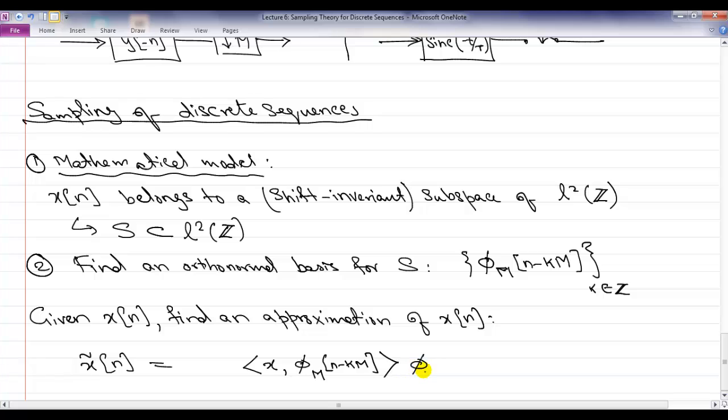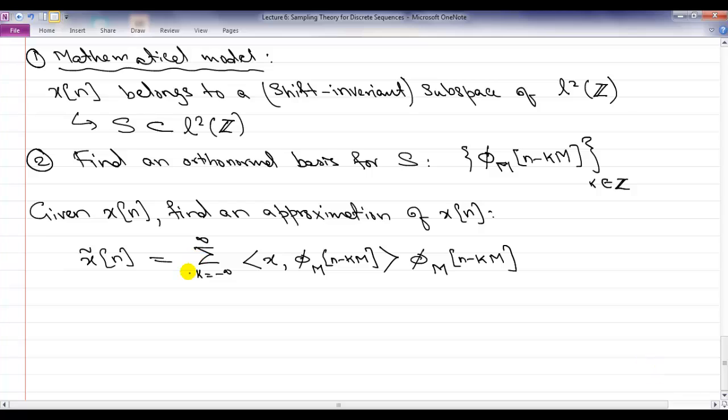And then we multiply with the same basis element and sum all of these up. So this is the approximation based upon the projection formula that we derived earlier.